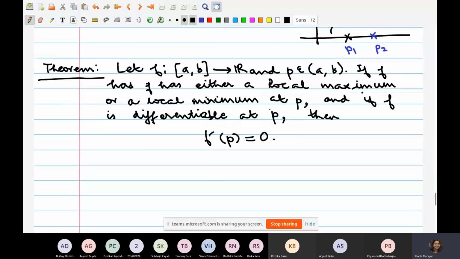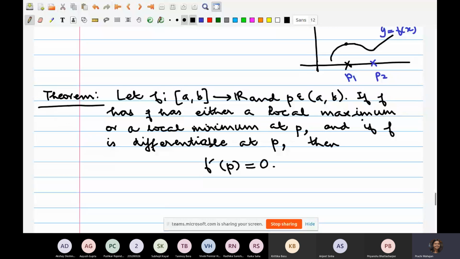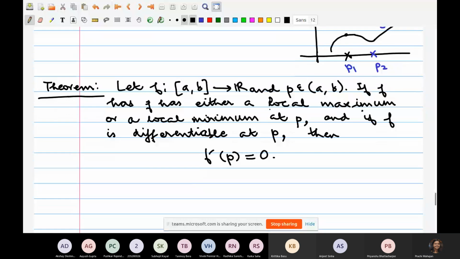That the slope of the tangent line to the graph of f at the points, as is evident in this picture, at the points P1, f(P1) and P2, f(P2) is 0. So the tangent line is parallel to the x-axis at the points of local maxima and local minima. Correct? Is that okay? So let's provide a proof. Everybody with me up till this point?